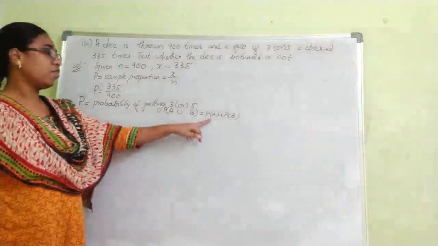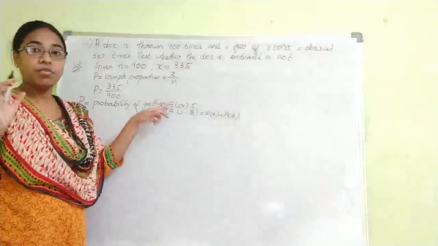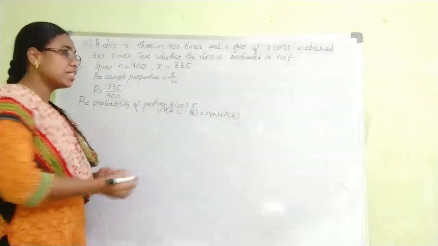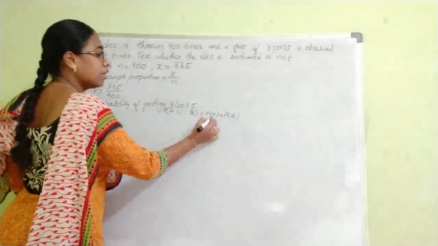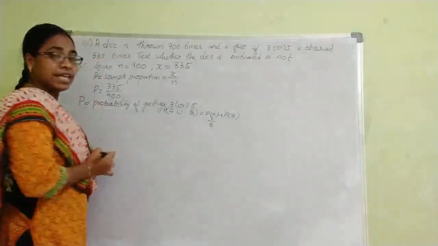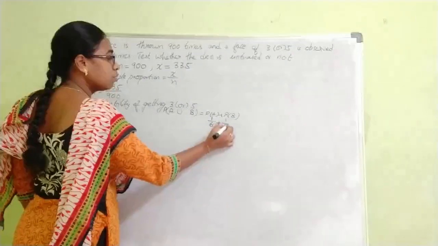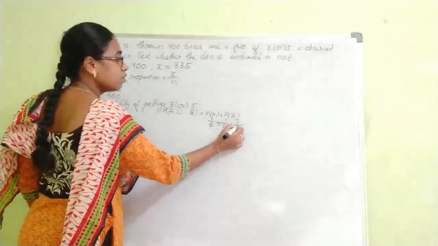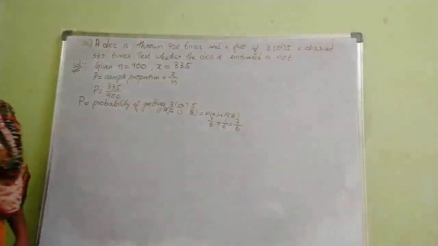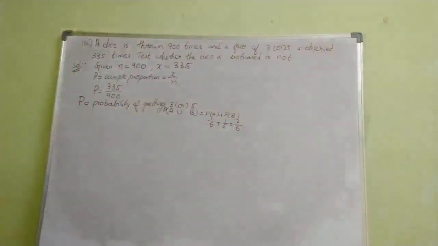So probability of A means getting 3. How many chances? One chance out of a total of 6 outcomes, plus getting 5, also one chance out of 6. That equals 2 by 6. So you have to remember all these small basics.